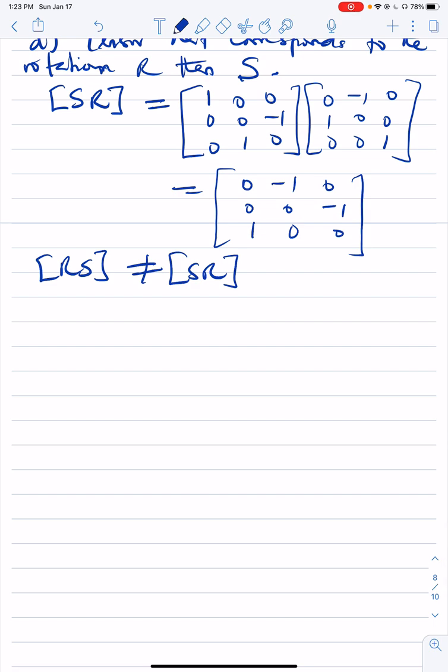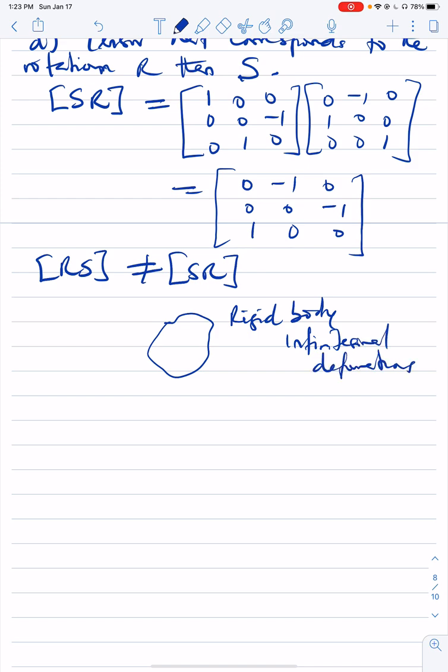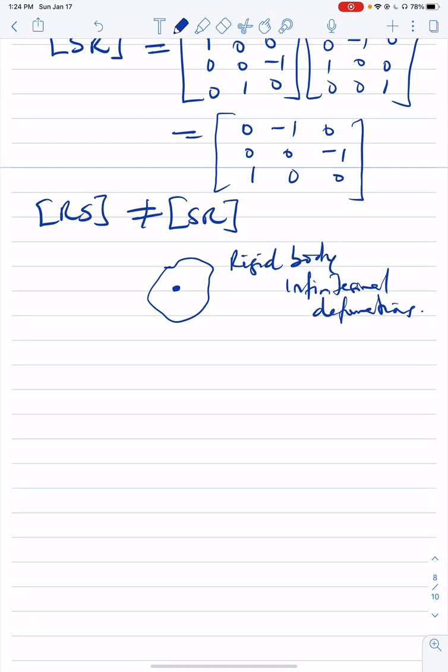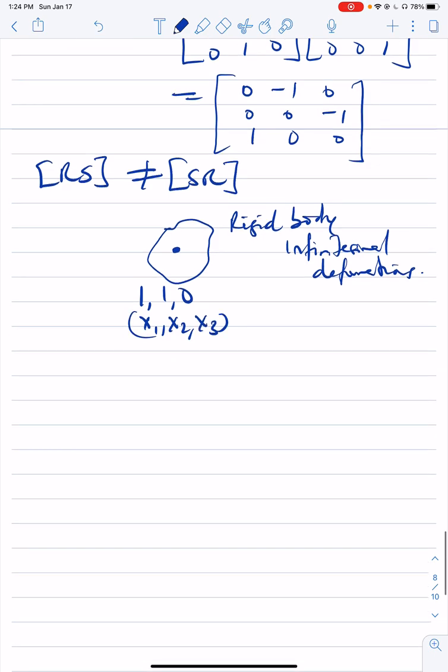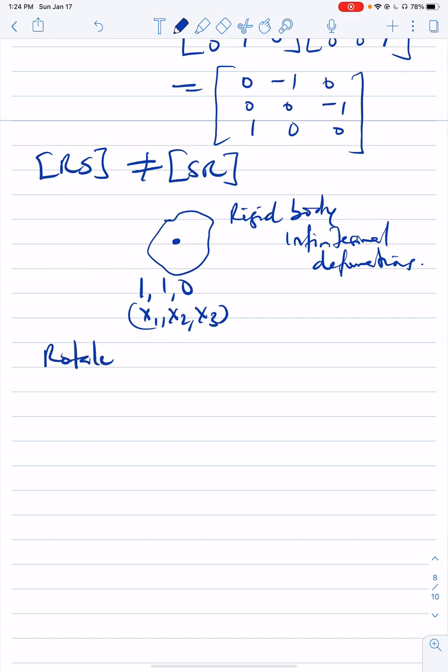Now, what we started first by talking about was a rigid body, right? Let's assume this is a rigid body, and a rigid body's deformations are minimal, or let's use the word infinitesimal. Let's assume there's a point on this rigid body, and let's say this point has the coordinates 1, 1, 0, that is, x1, x2 and x3 values.